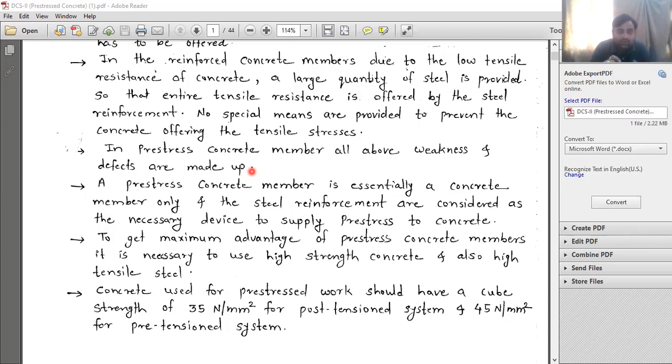We do prestressing on a larger level. It is not suitable for small size members or small scale.